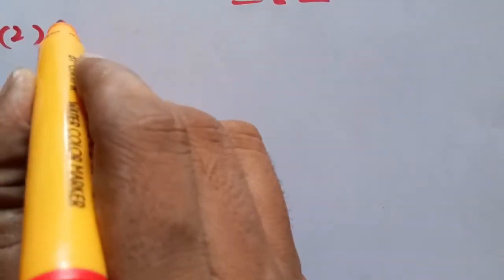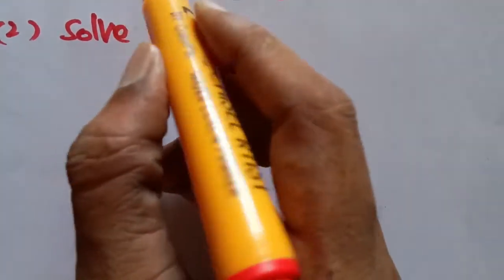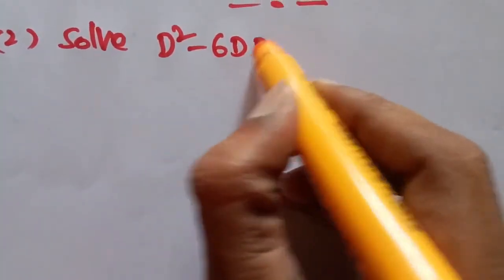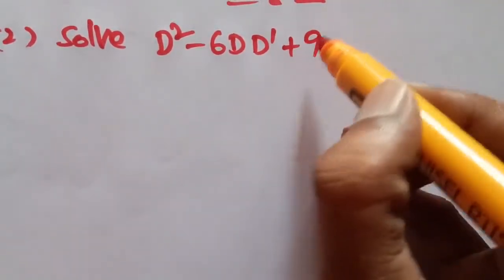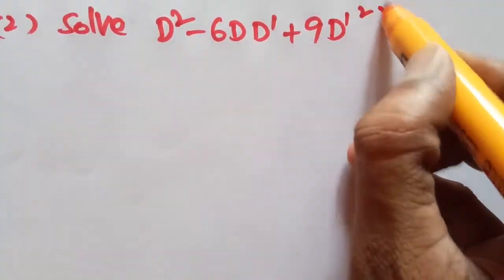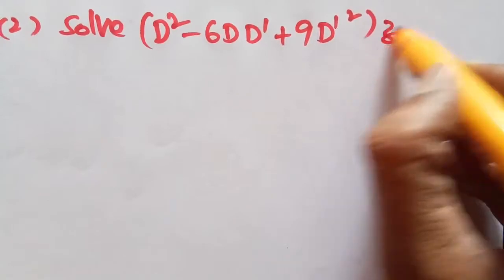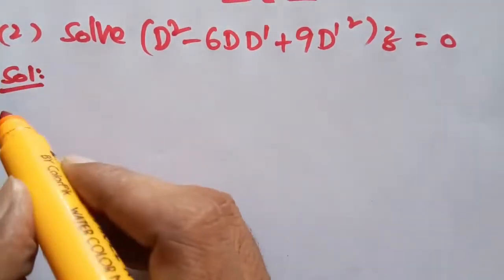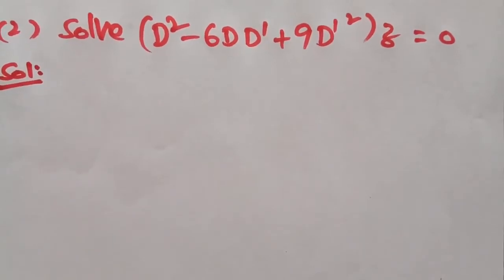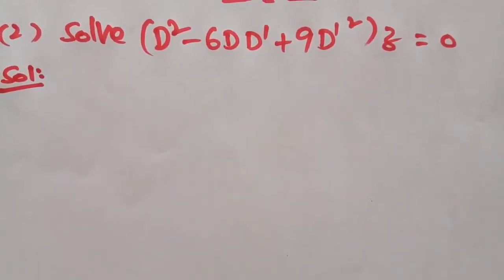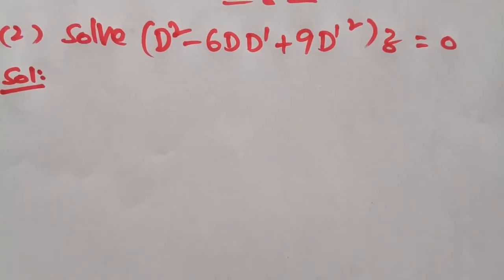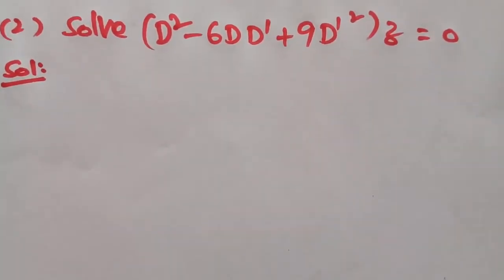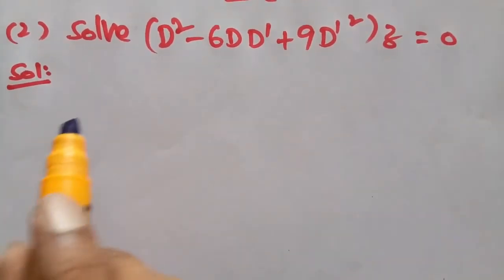Second one, solve D square minus 6D D dash plus 9 D dash square into z is equal to 0. He has clearly given the problem in the symbolic form, where capital D is the partial derivative with respect to x, capital D dash is the partial derivative with respect to y.